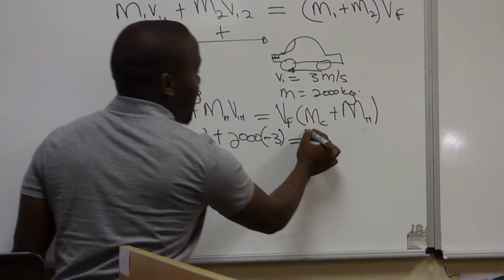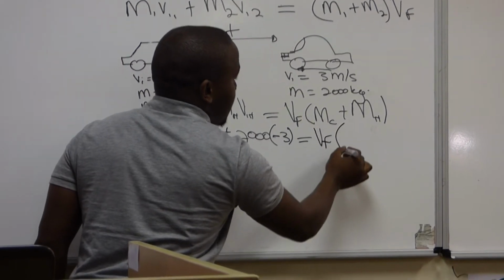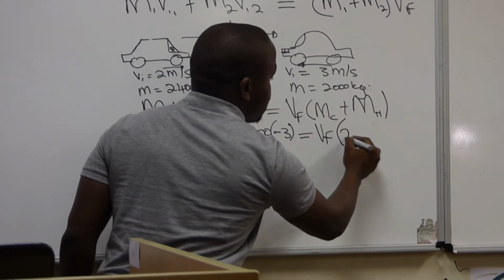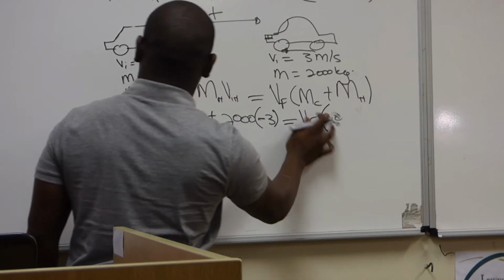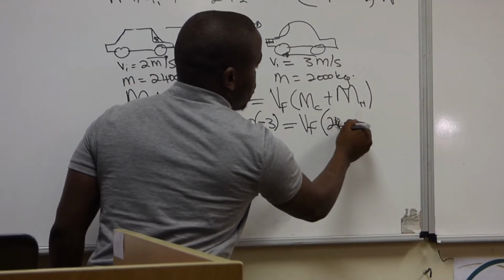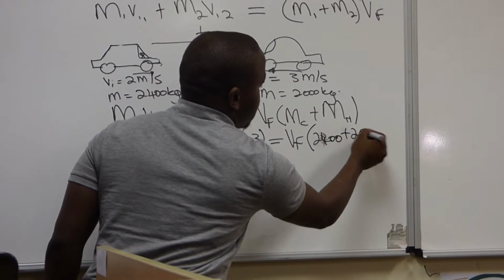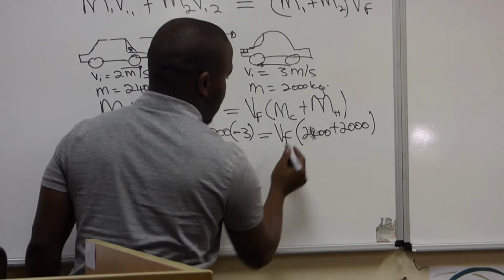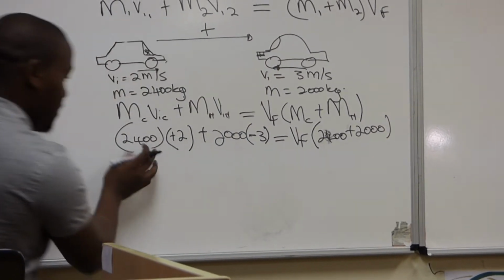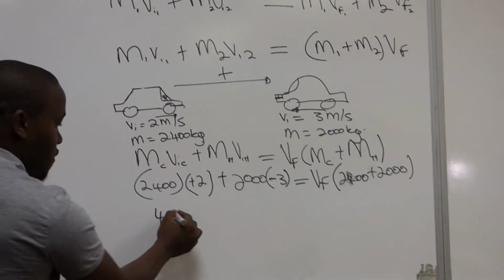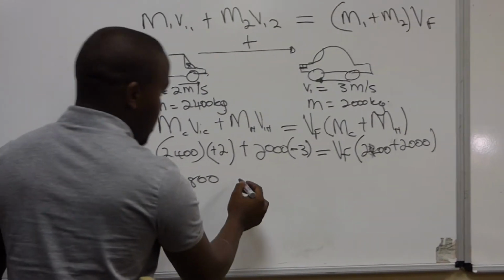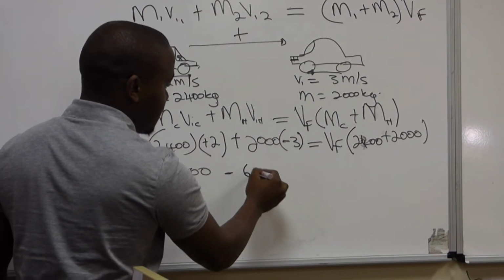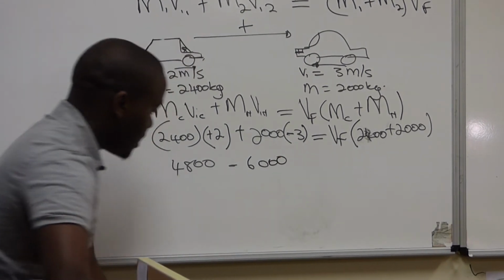So I have VF, I don't know VF. The mass of Chippy is 2.4 and the mass of Natasha is 2,000. Right? Now I'm going to have 4.8 here, and negative 6,000 here.